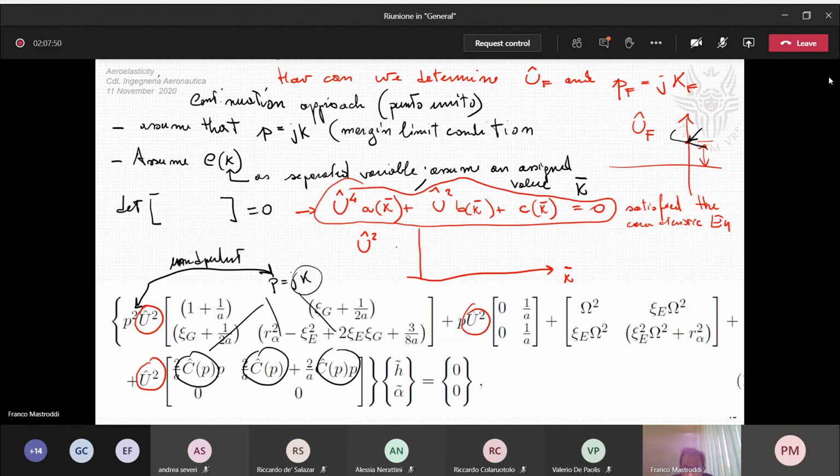In general you have a complex number. So you have a real part of u square, and you have an imaginary part of your root in u square. And you can write this real and imaginary part as a function of the assigned K bar.